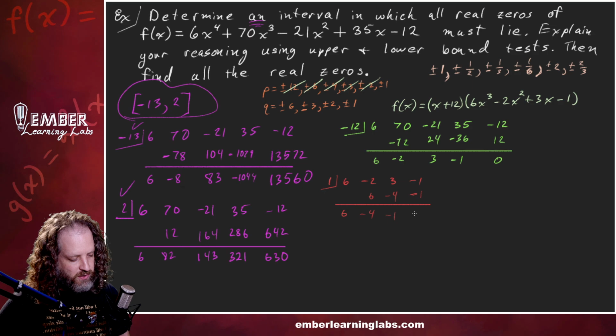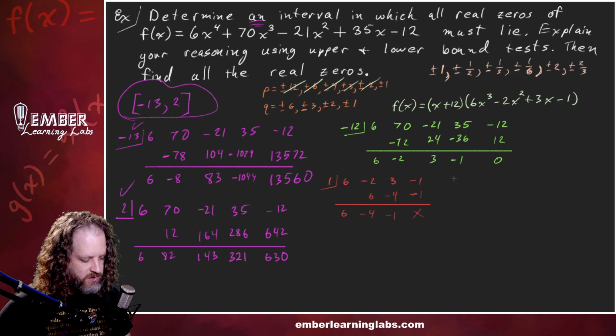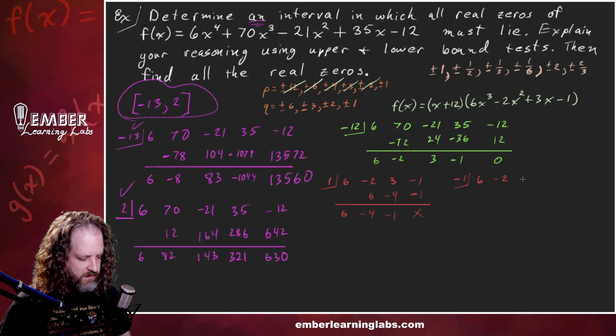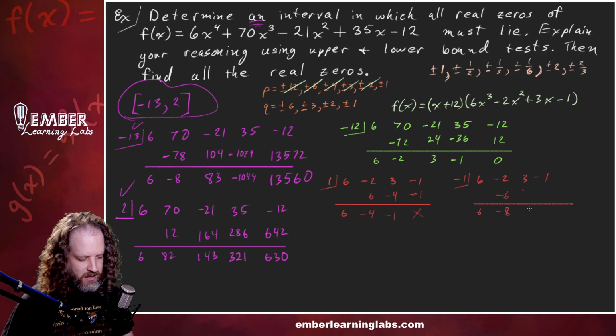So that didn't work because that's not 0. Let's try negative 1 just to see. Again, we're using our new numbers since we found a 0: 6, negative 2, 3, negative 1. Bring down the 6, negative 8. This is positive. This is not going to work either.